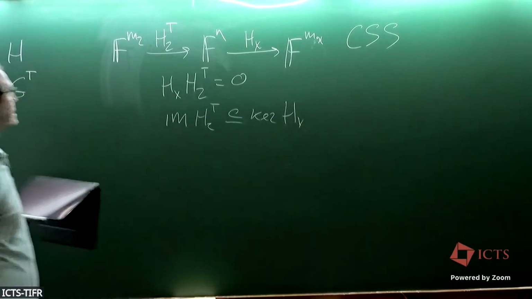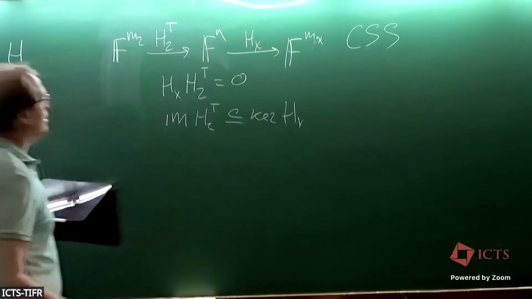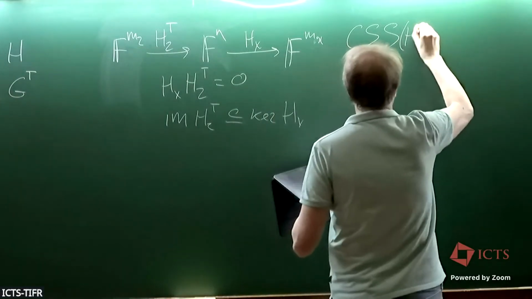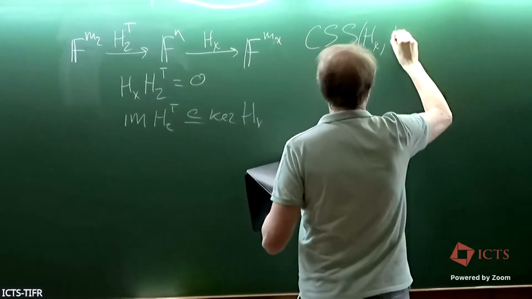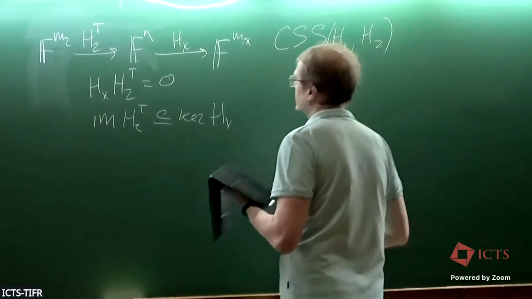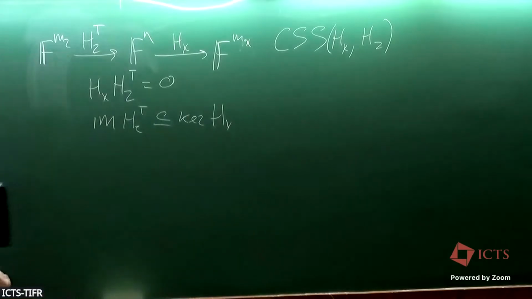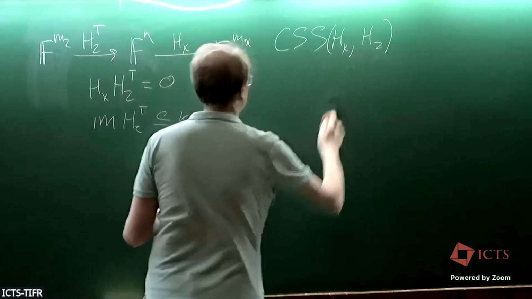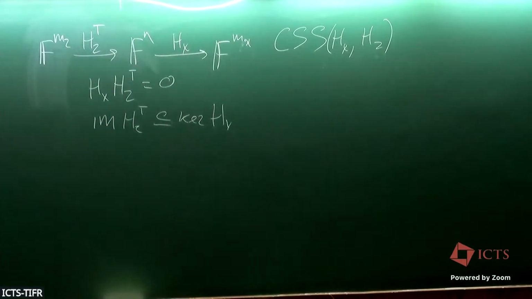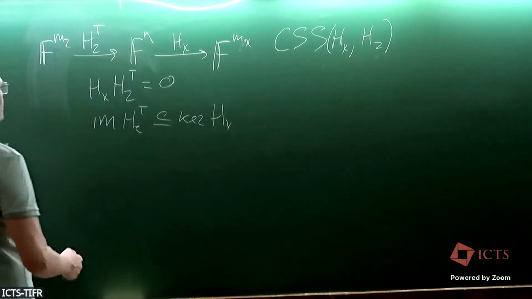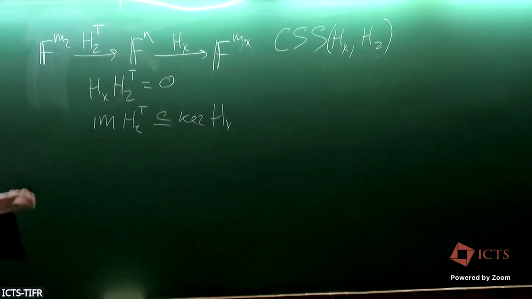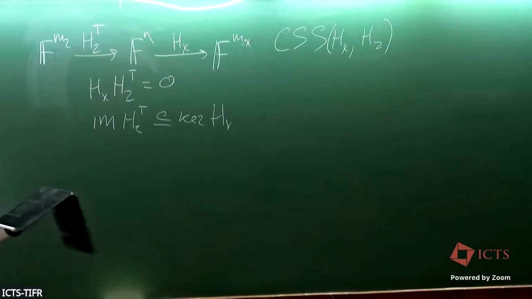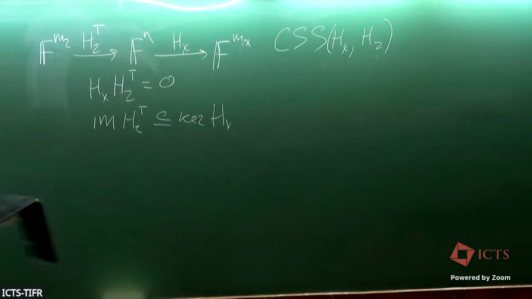Okay, but let me define more formally what I mean by this quantum code. This quantum code is defined by two matrices, HX and HZ. And what are the code words? Why do I call this object a code? What are the code words?